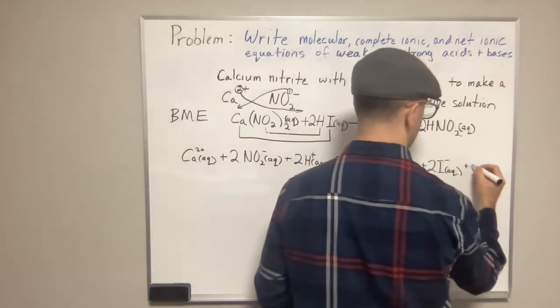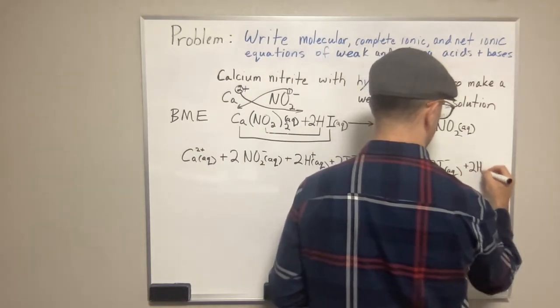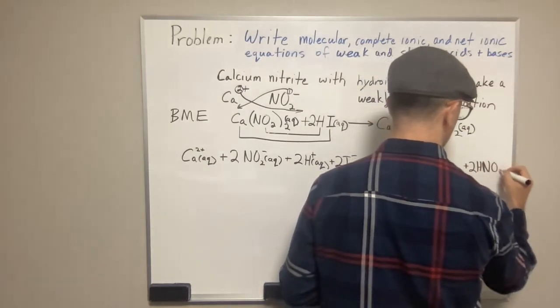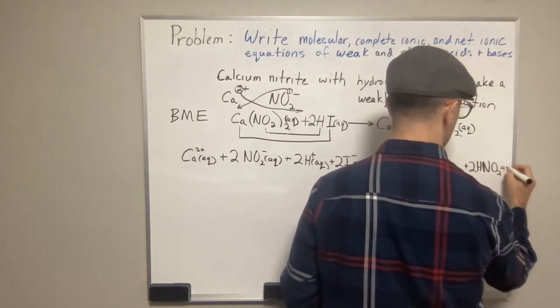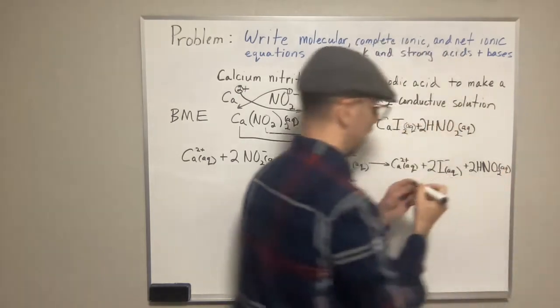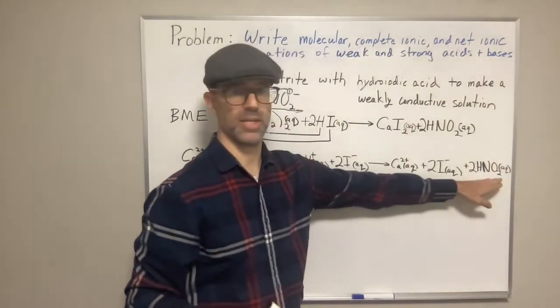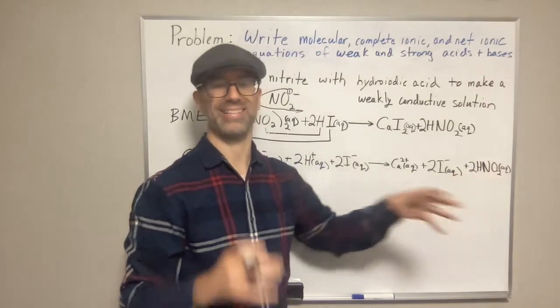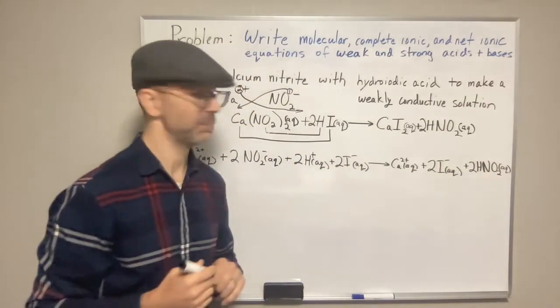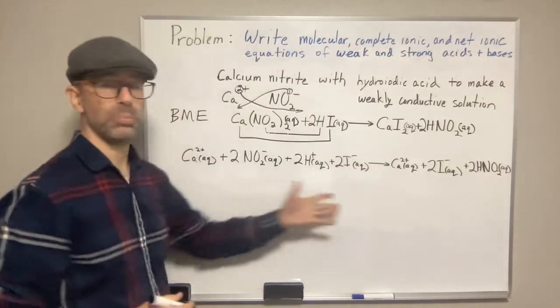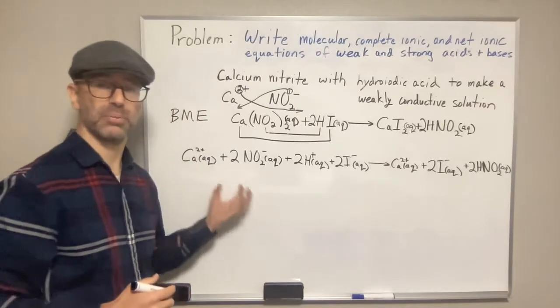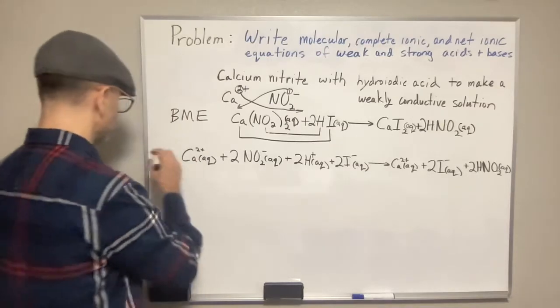So that's going to be plus 2HNO2 aqueous. And again, the reason I'm keeping this together is because that is a weak acid and it stays together for the most part. Okay, so this would be our complete ionic equation.